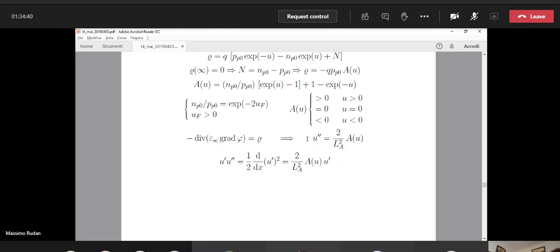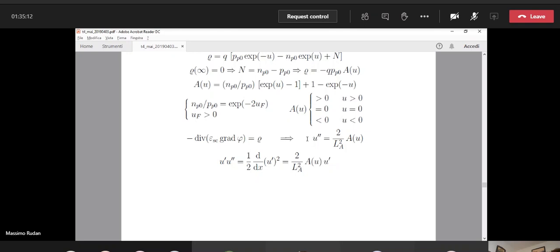So if it is non-zero elsewhere, that means that the first derivative is non-zero as well. Okay, so we may assume that the first derivative of u, that is the normalized electric field, is non-zero, and then we multiply by u prime both sides of the equation, and this is the trick for solving the equation.